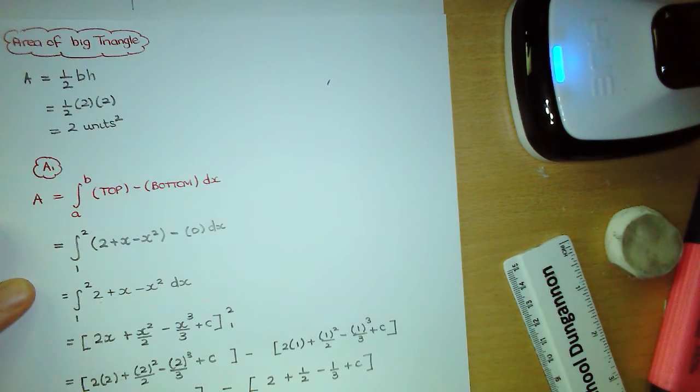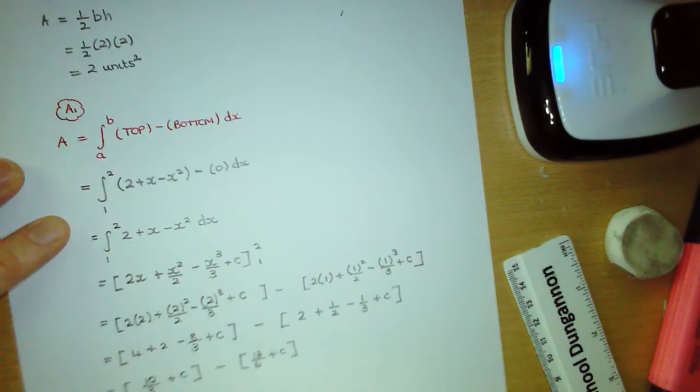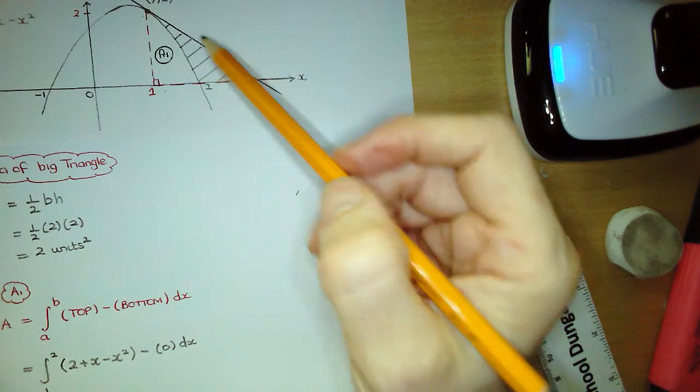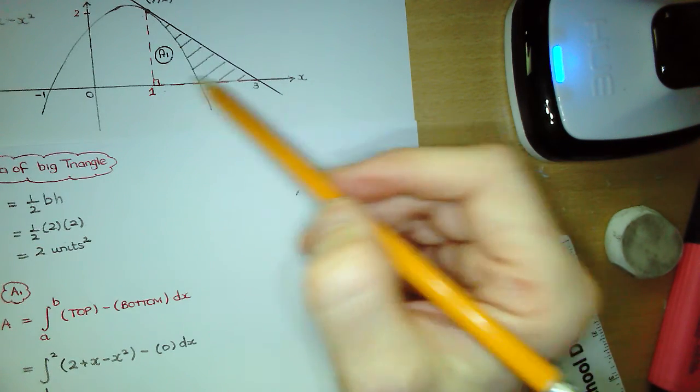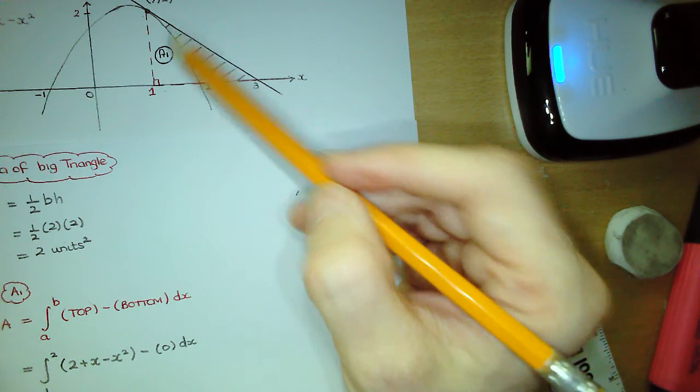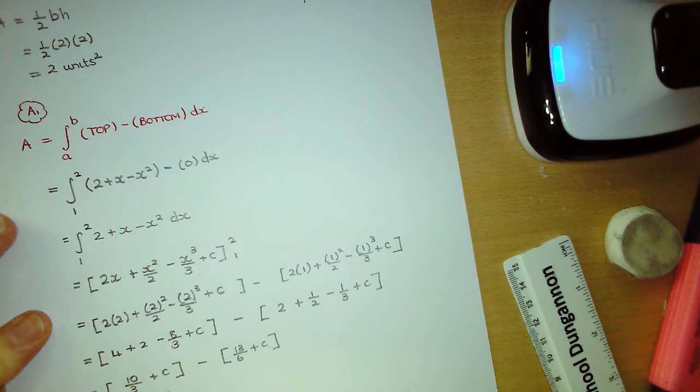We worked out the area of the big triangle. So we're now going to get the shaded area, or the overall area. Now we're not adding this time. To get the shaded area, we're taking the area of the triangle and we're subtracting A1. Okay, so shaded area is going to be area of triangle subtract A1.